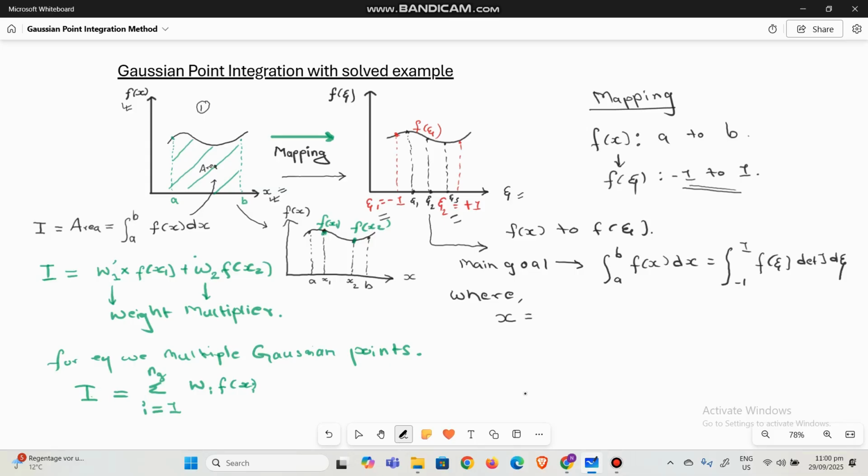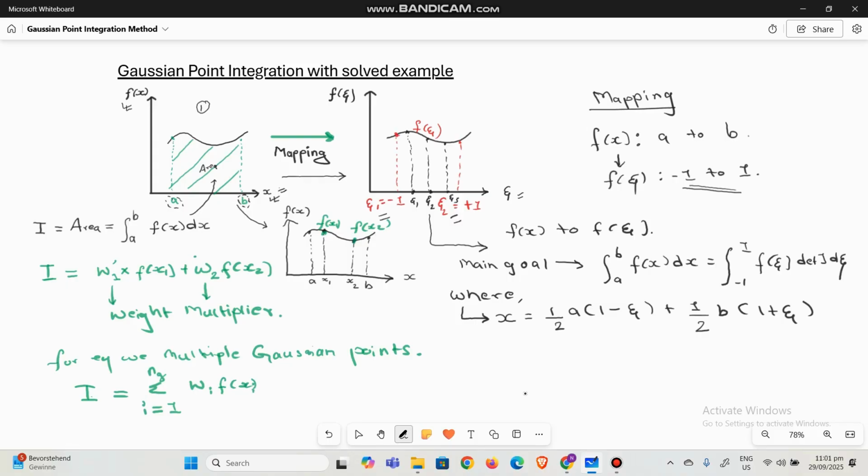It is exactly this: x = 1/2 a(1 - xi) + 1/2 b(1 + xi), where a and b are the ranges from the original integration as shown in the left figure, and xi is the particular point of interest, which for now just know this. When we do the numerical, you are going to be very clear about what we talked about in this video.